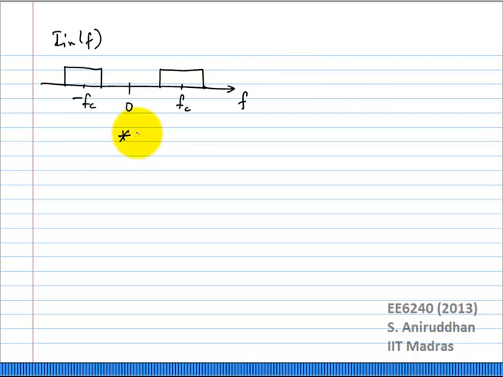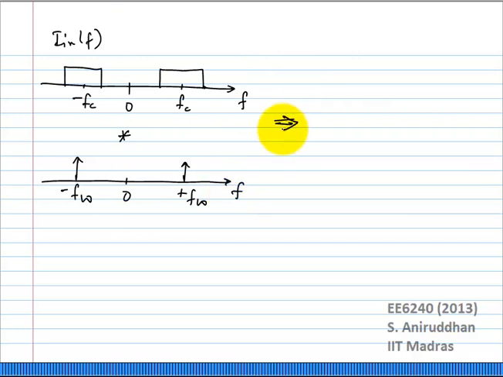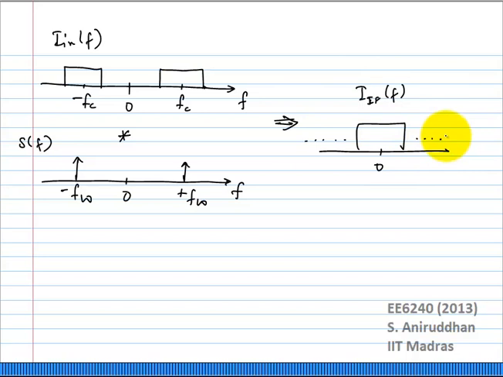You are convolving this with S of f, and the fundamental of S of f is at plus or minus FLO. So this is S of f. After convolution you get your IF of f. You of course get other components also.